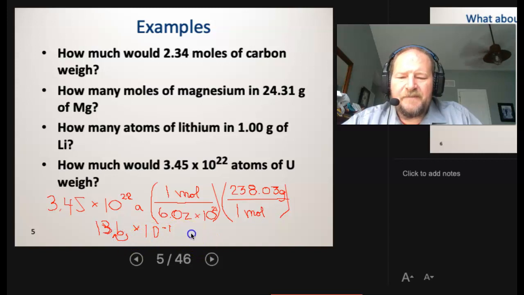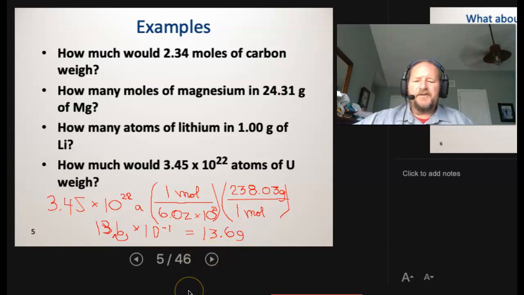And I'm just going to collapse that scientific notation. So this is going to equal 13.6 grams.